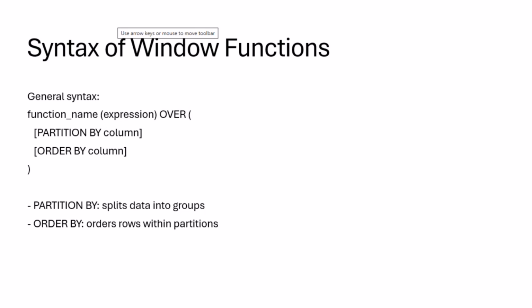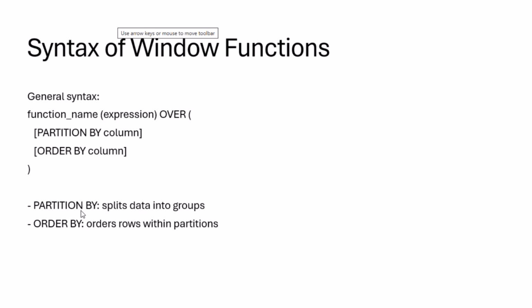But when you put OVER, then it works now as a window function. There are two statements that you can have inside the OVER brackets: PARTITION BY or ORDER BY.